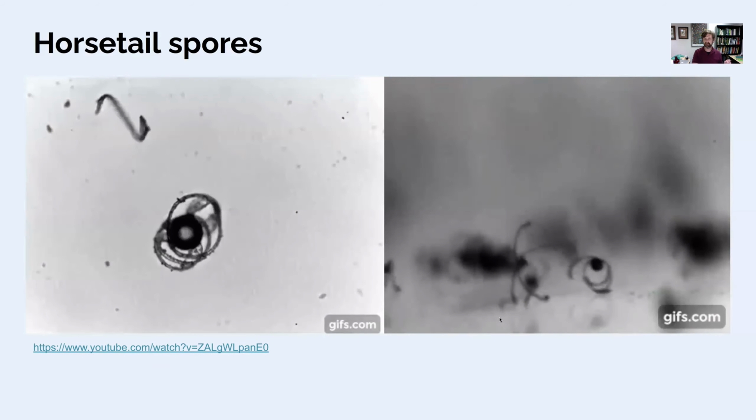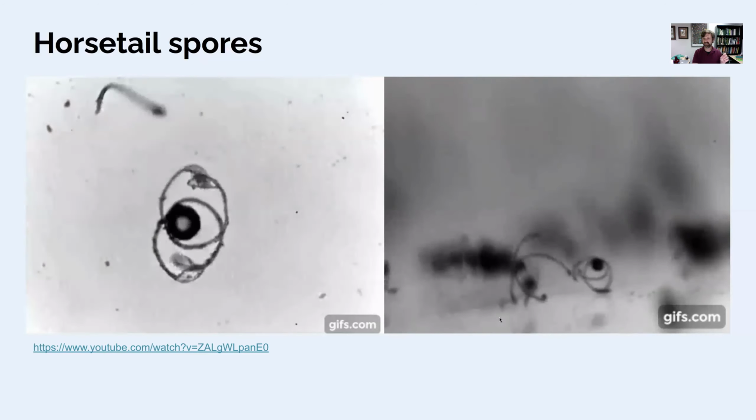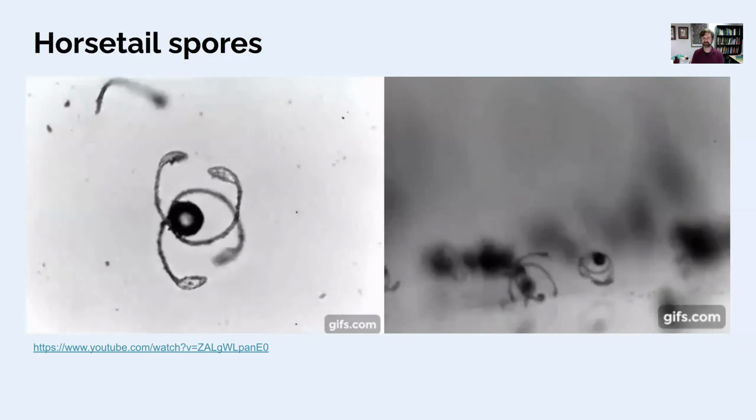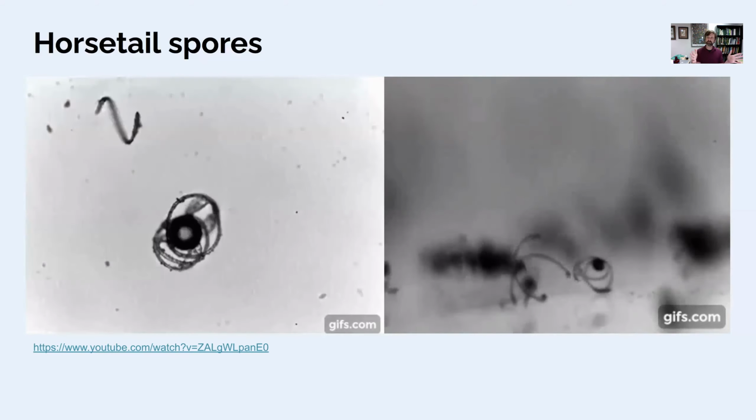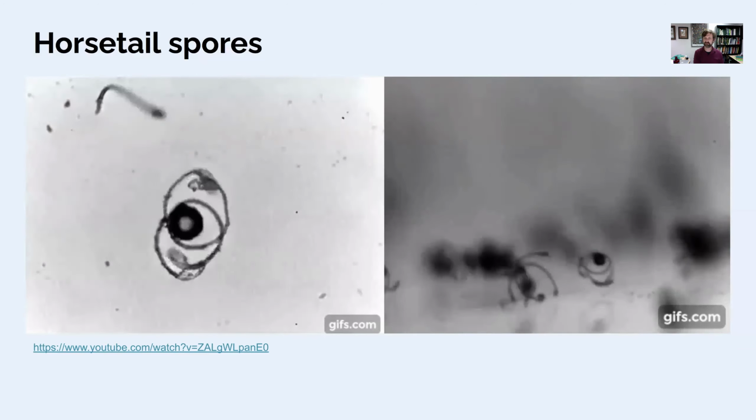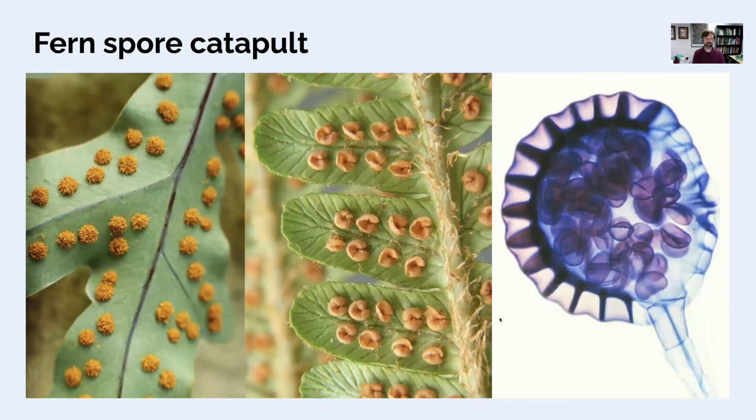So on the right-hand side, you can see that expanding those arms at just the right time can give you one of these boing effects. I don't have it on here, but you might watch the video for it. If you watch this as a series of expanding and contracting, this actually causes the spores to kind of walk along a surface. So it can give them a little bit of an edge in dispersing to optimal habitat.